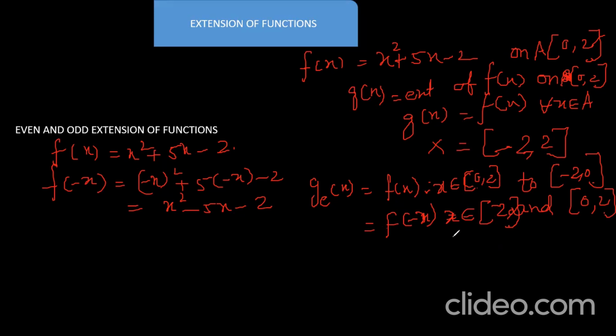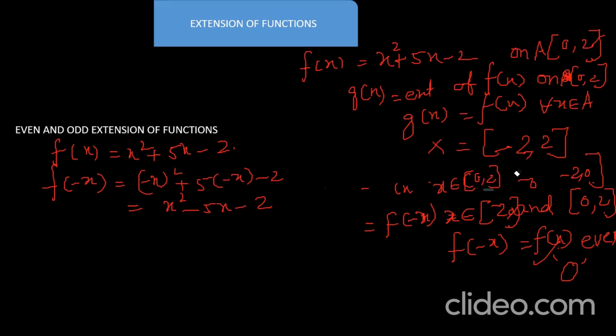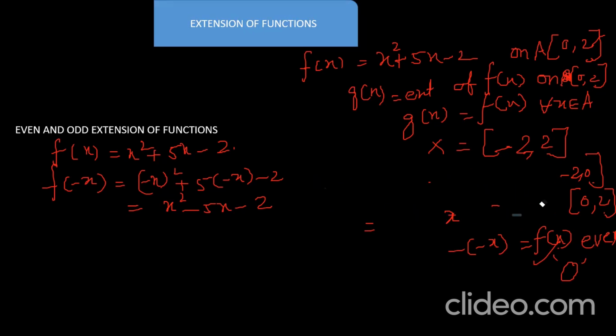That is, f of minus x is equal to f of x, so this is going to be an even function, including at 0 also. And similarly I am taking the odd function. Let me take, in the same manner, the odd function g odd.